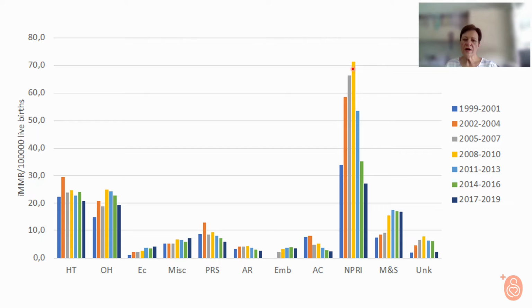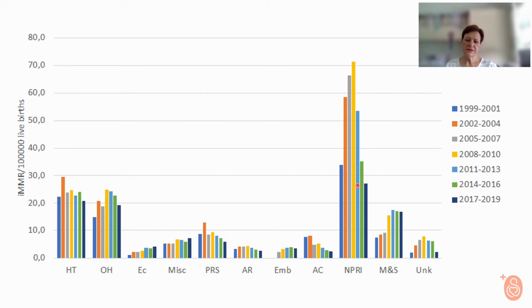The reason for the decline, while the other causes more or less stayed stable, is that there was a very high maternal mortality rate here due to non-pregnancy related infections in 2008 to 2010. And then gradually it came down to now in 2017.